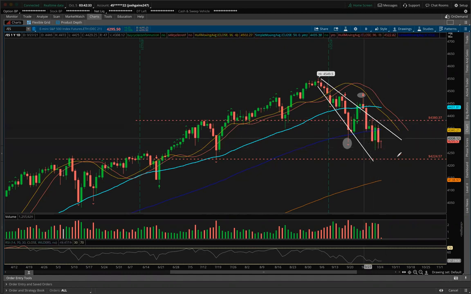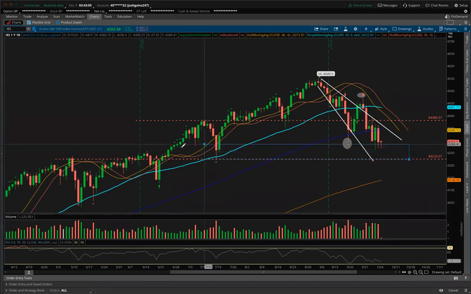So we're kind of stuck in limbo in this broadening formation, right? We have a potential to possibly move upside toward this 43.80 zone or downside. The next downside target, if we get a push under these wicks right here, is probably going to be in this 42.24 level. Now, as we'll see, this area was at one point a level of demand.